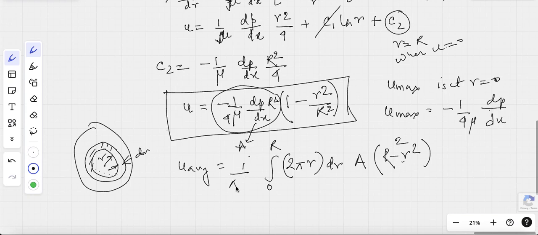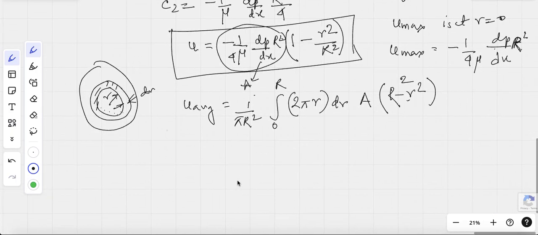This would be divided by pi R square. So u average becomes, here will also be an R square, I'm sorry, right?